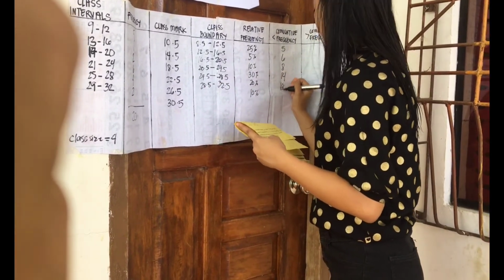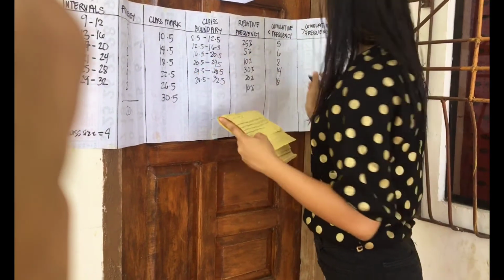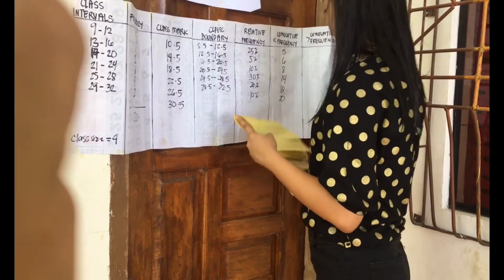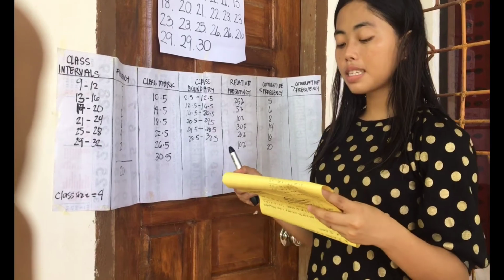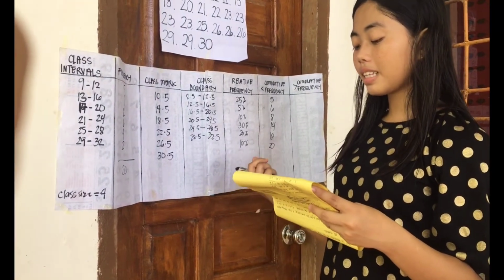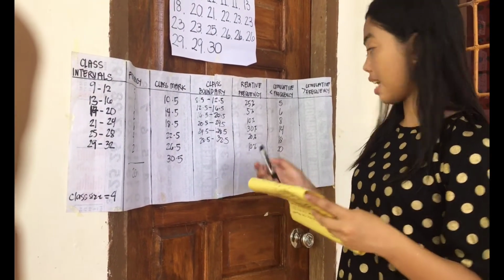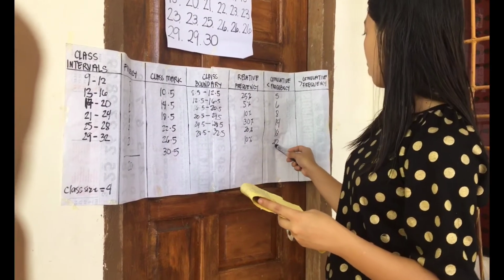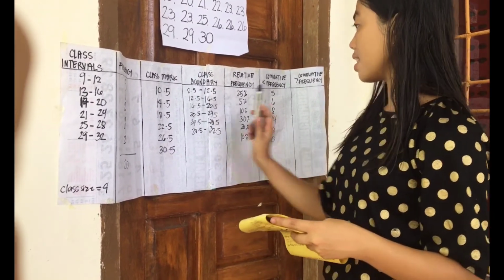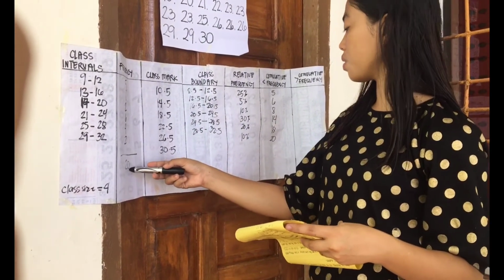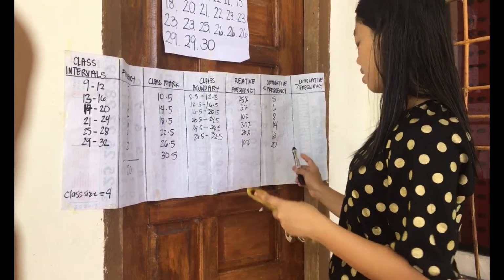Then 18 added by 2 is equal to 20. The total frequency and the last less than cumulative frequency are the same.